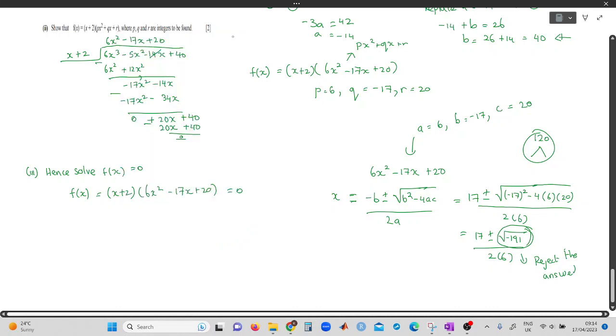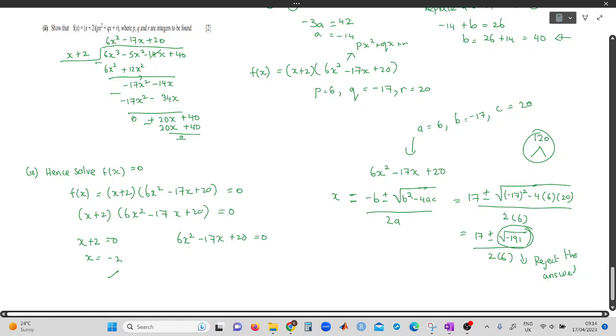So in other words, solve this. Firstly, this equals 0, x will be equal to minus 2. This is the first answer. Secondly, when we put the quadratic equal to 0, as we have solved here, we solve this 6x squared minus 17x plus 20.